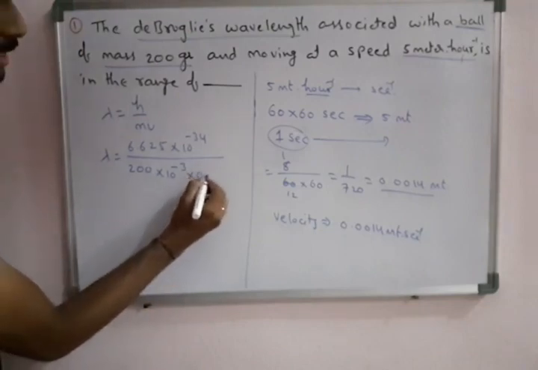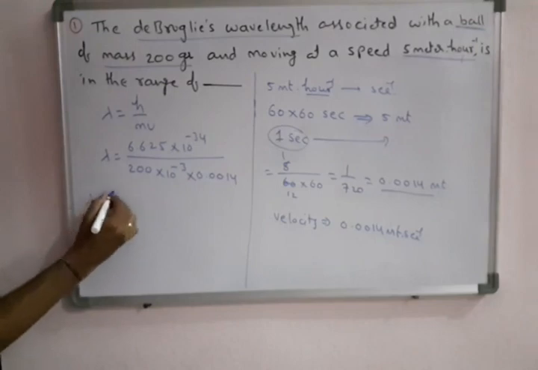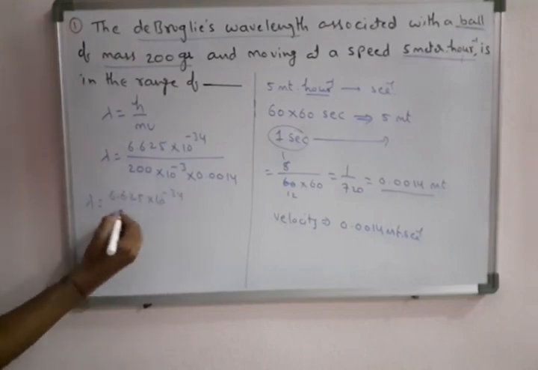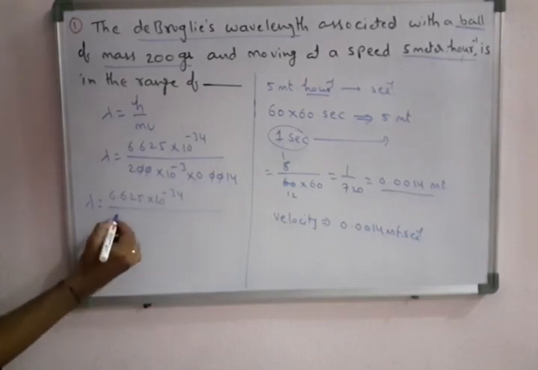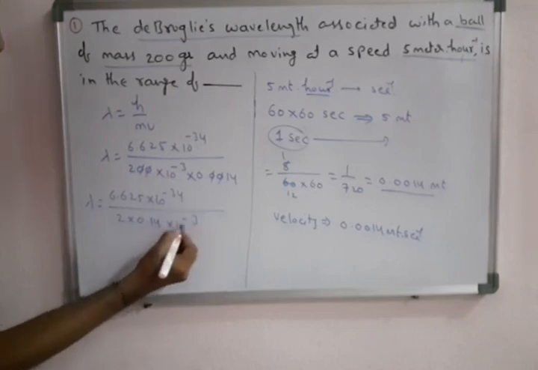Okay, we can directly write now: it's 200, let's make it 2 into 10 power 2, and the velocity is 0.14 into 10 power minus 3.